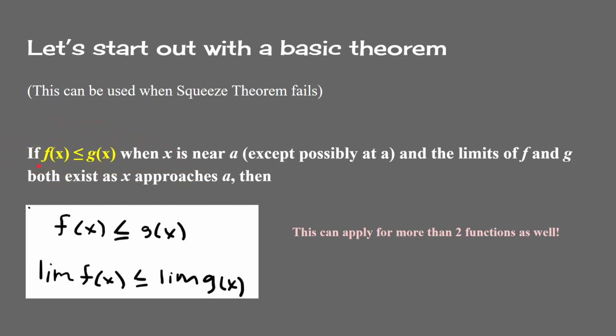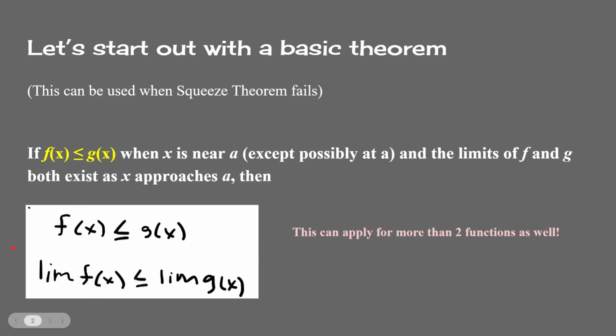If a function f of x is less than or equal to g of x when x is near a, except possibly at a, then the limits of f and g both exist as x approaches a, and if that's the case, then the limit will also be less than or equal to.